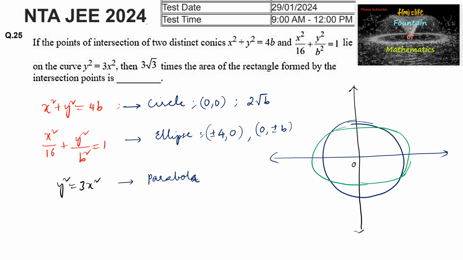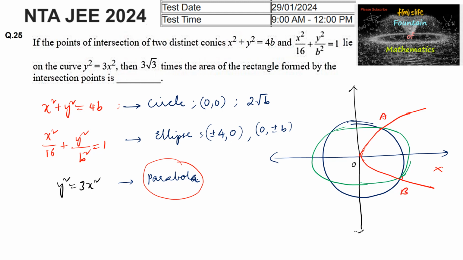It's an ellipse. Let us assume that diagram is not clear. And now the curve y square is equal to 3x square, which is a parabola open towards the positive direction of x-axis. We can say the curve can be taken. It's passing through the points of intersection of these two, means all the three curves are passing through the same point. There are 2 points of intersection here. Let us consider this is A and this is B.